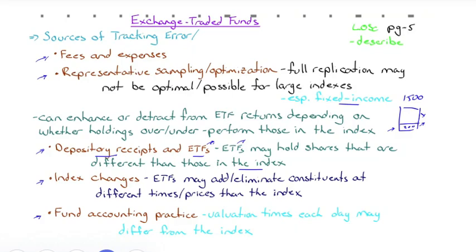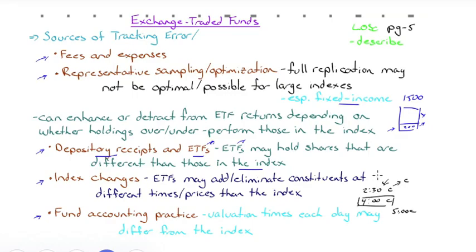So, for example, some markets may have a 2:30 closing, and that will be the time at which they strike the price, the closing price. Some markets have 4 o'clock closing. Some markets have a 5 o'clock closing. So if the ETF decides that they're going to follow a 4 o'clock closing and they strike prices at 4 o'clock to determine NAV, even though this would be the closing price in the commodities market, the commodities market still trades after 2:30.